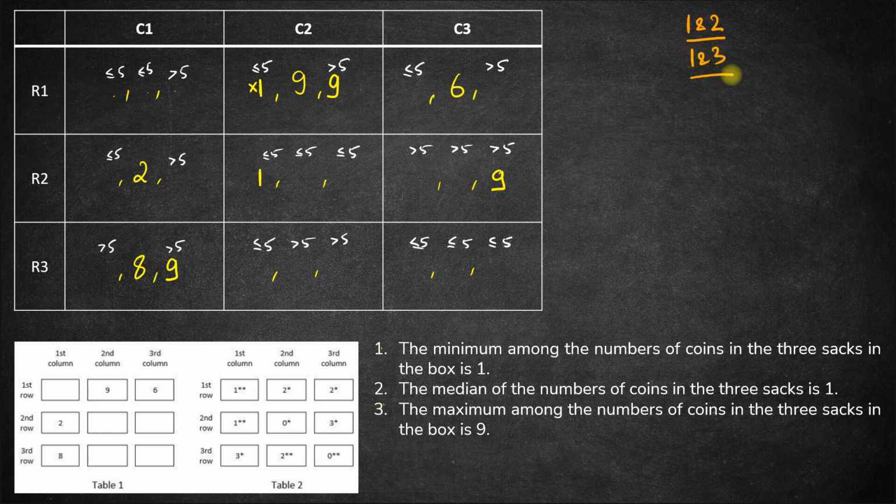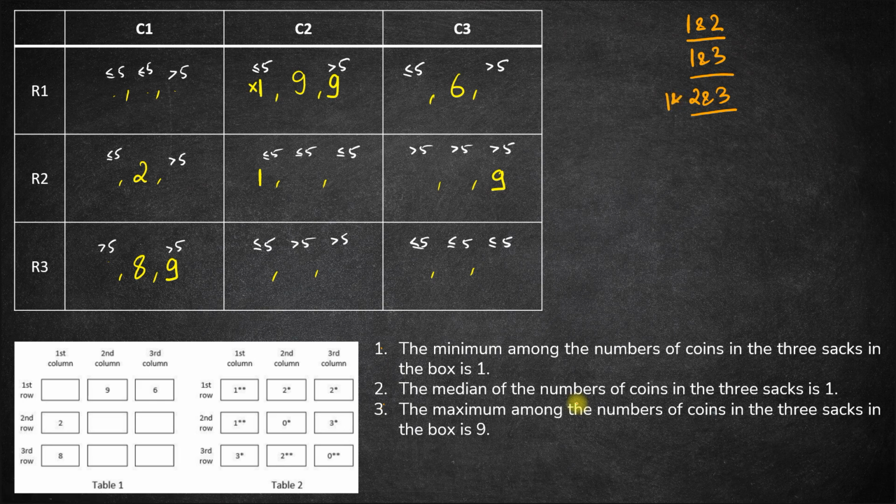A box can have minimum 1 and maximum 9, that is possible, right? And is it possible to satisfy only 2 and 3 at the same time and not 1? That is not possible, because if 2 is satisfied, 1 is automatically satisfied. So then you'll have 1 getting satisfied automatically.